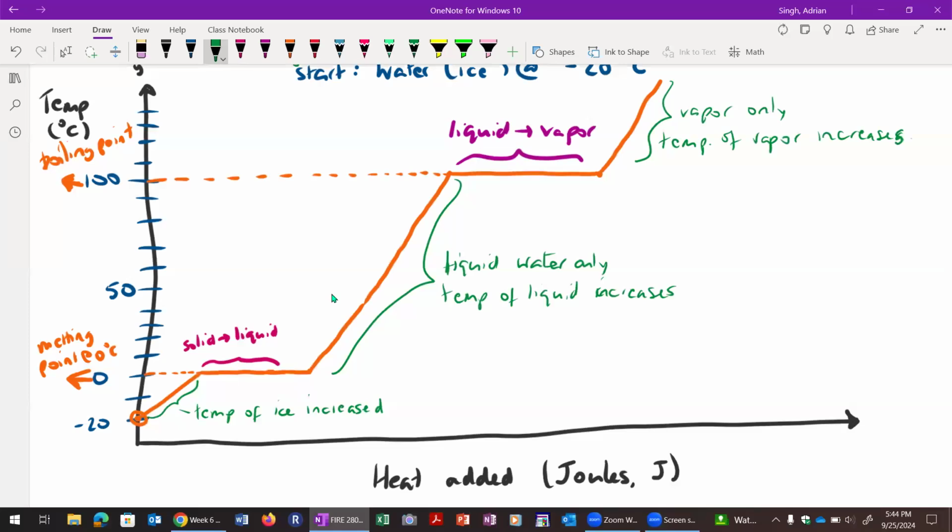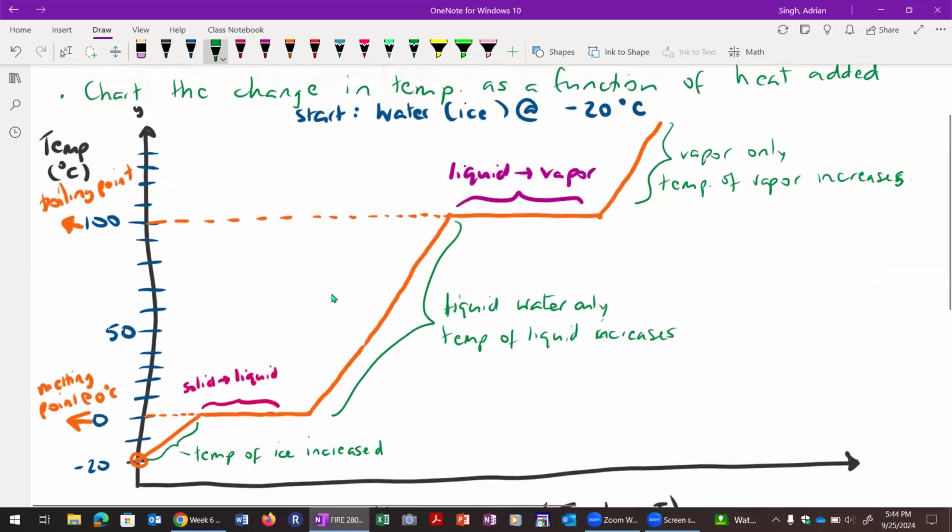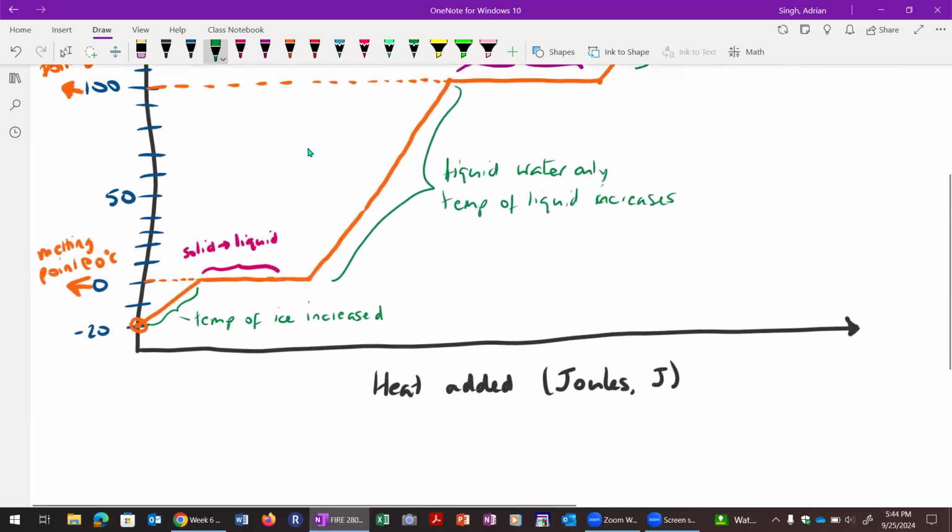So what you'll see in a typical heating curve, and this represents the heating curve for water starting off at negative 20 degrees Celsius, is that you will see plateaus, flat regions on the graph. And these flat regions represent phase changes or changes in state.